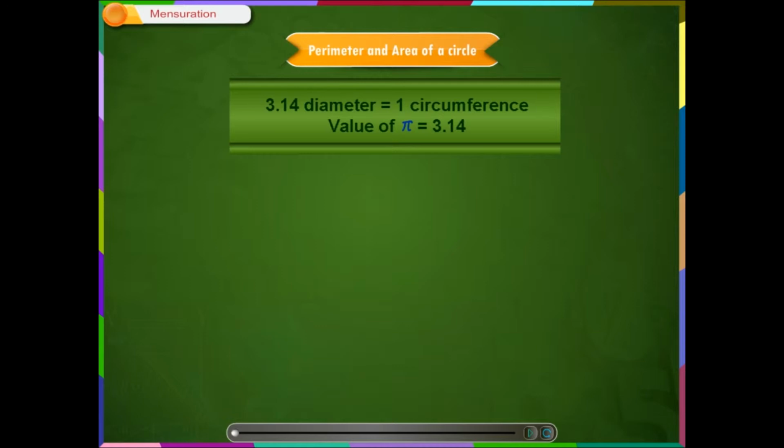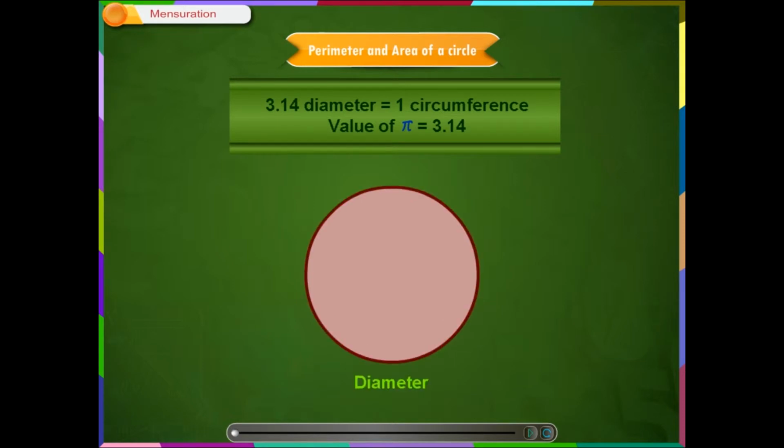Therefore, the value of pi is equal to 3.14. Therefore, we can say that if we know the diameter or the radius of a circle, we can find the circumference of the circle.